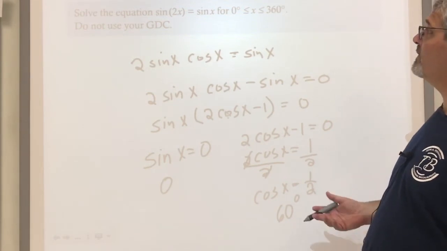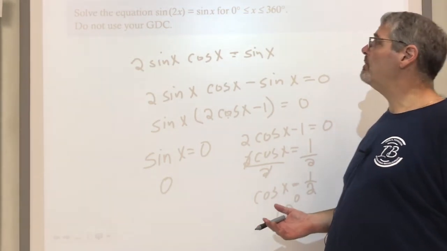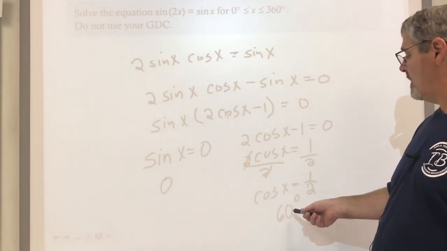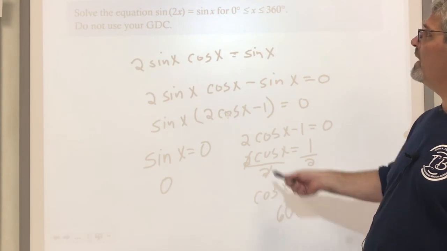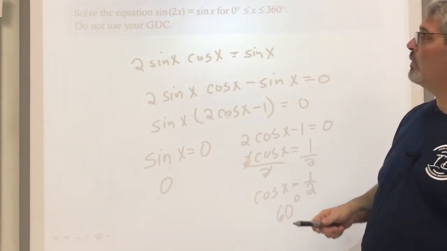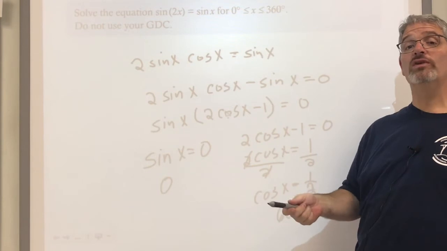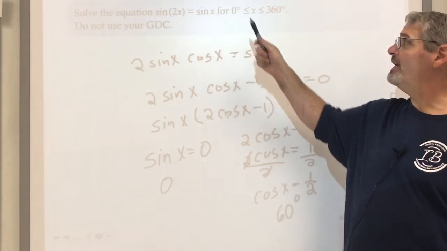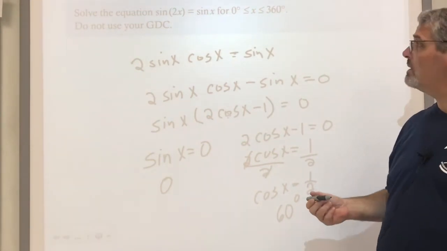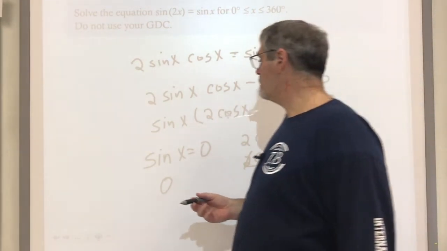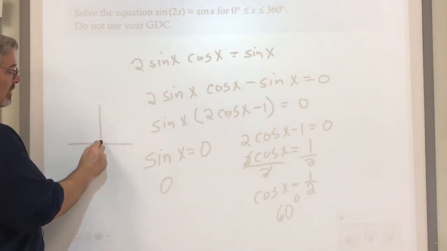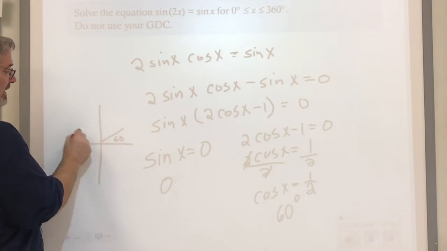Now let's see if this works. If I were to take 60 degrees and plug it into here, what's the sine of 2 times 60? That's 120. And if I plug in sine here, the sine of 60, well, if you remember from our unit circle, this would be 60, and this here would be 120.